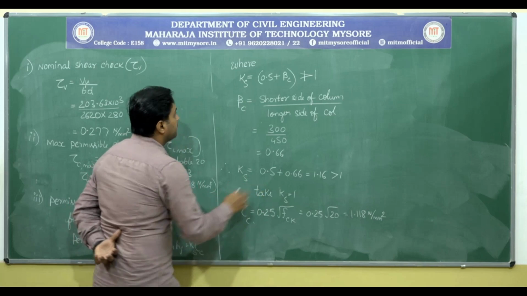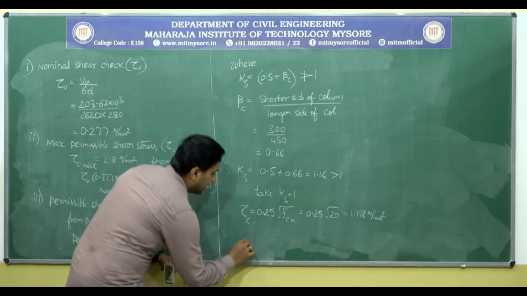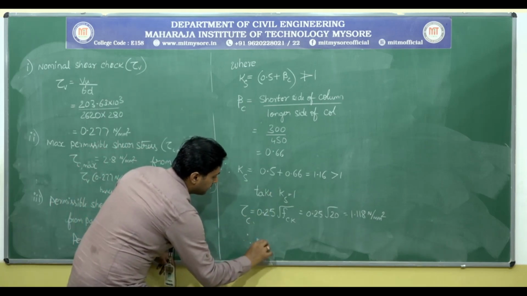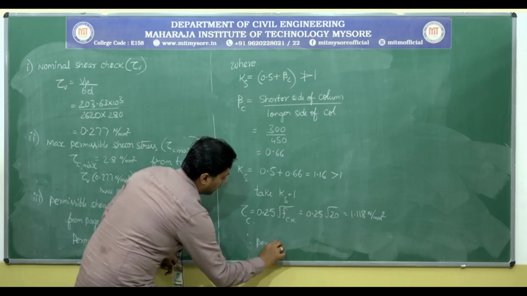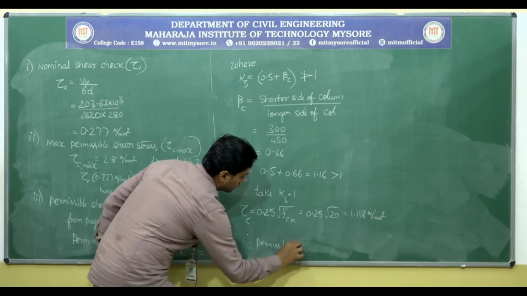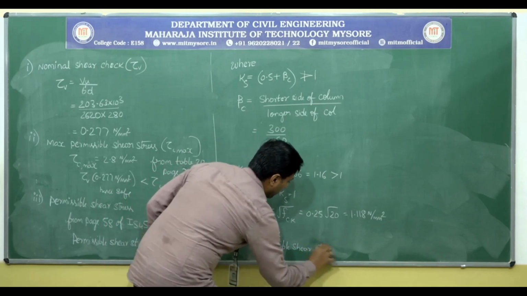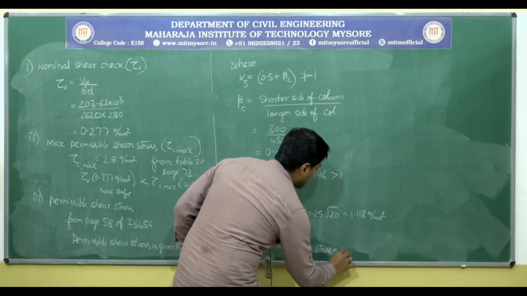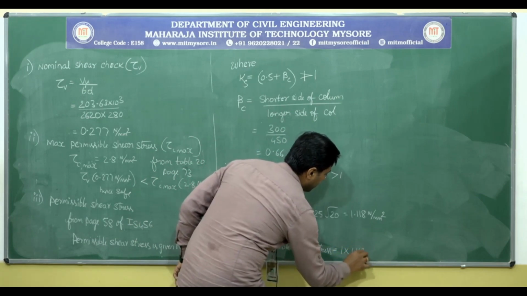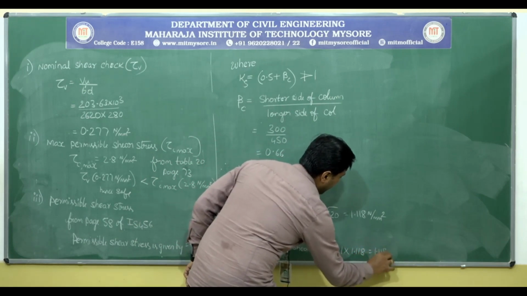So therefore the permissible shear stress is equal to Ks into tau c. Ks is 1, tau c is 1.118, so it's 1.118 only.